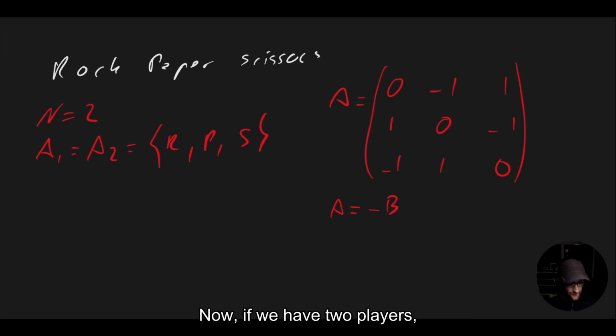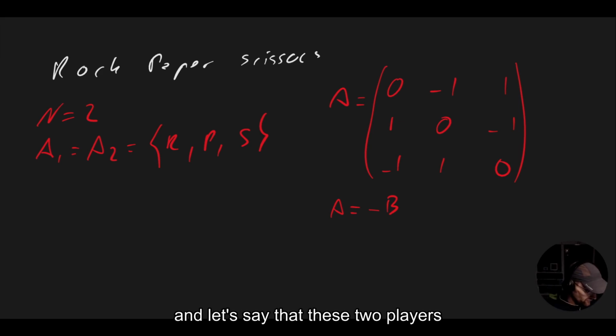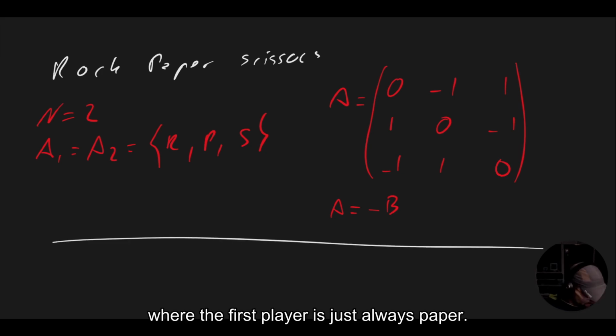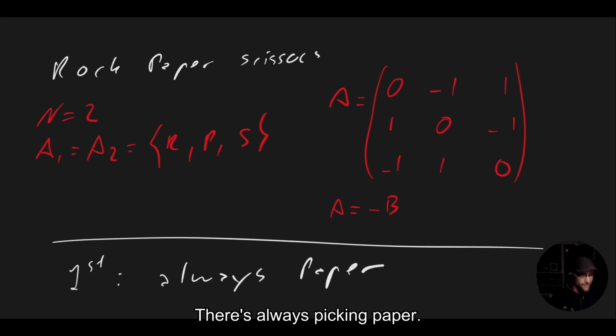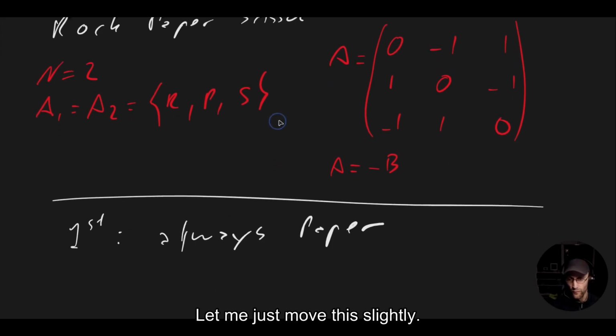Now, if we have 2 players, and let's say that these 2 players are playing a particular strategy where the first player is just always picking paper. Rightly or wrongly, they're just always picking paper.